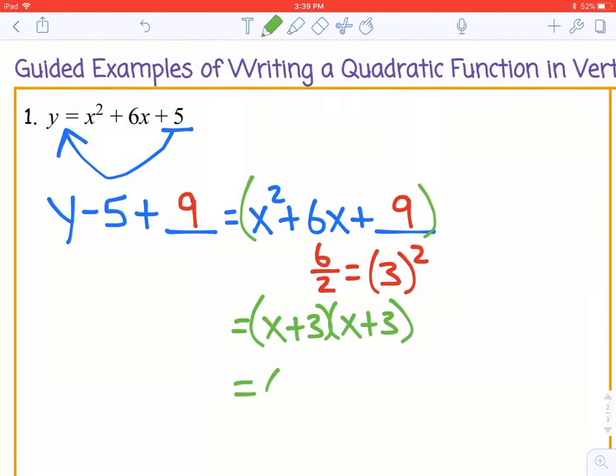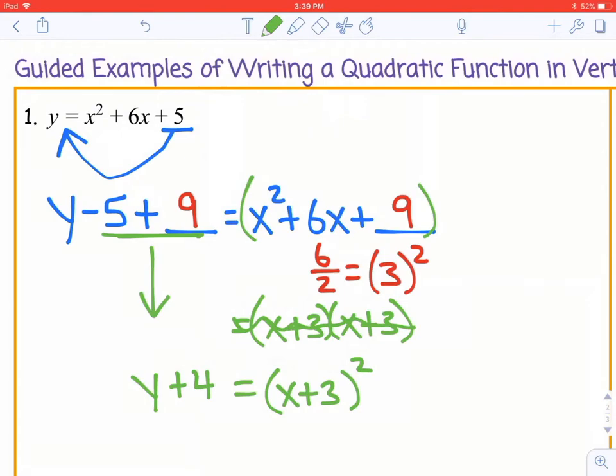And so knowing that, you can skip the factoring process and just write it as x plus 3 squared. So you won't have to write this step each time. And then bring down the other side of your equation. So y minus 5 plus 9, we just need to put together as y plus 4. Combine the negative 5 and the 9.